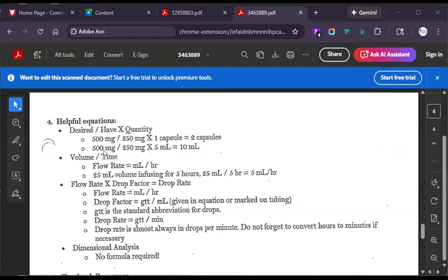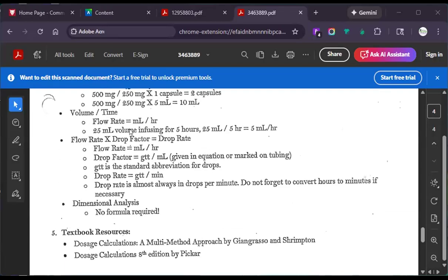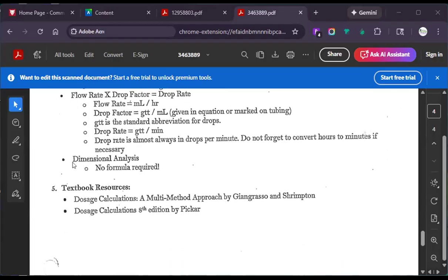I'll also demonstrate that this is just more of a linear representation of that. If you have an order of 500 milligrams and available is 250 milligrams per 5 ml, then that's how you would set up that particular type of question. Like I said, we'll go through that. You don't need to worry about flow rate and drop factor this time around. You will see that next semester, and I will talk about it, but not today.